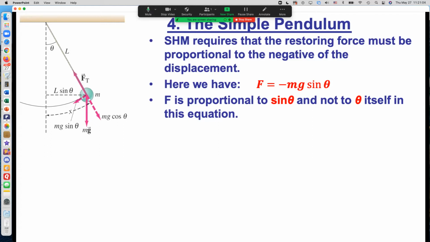So 1 degree in radians is 1 times pi divided by 180. Two degrees is going to be 2 times pi divided by 180. And remember, you're writing these down to 4 decimal places.